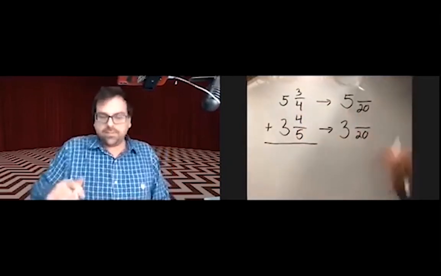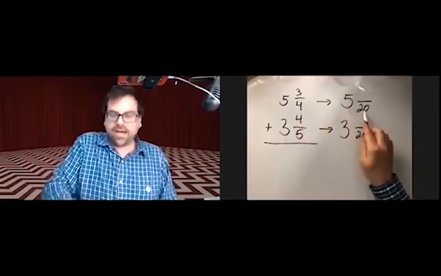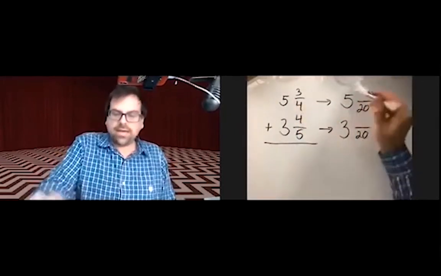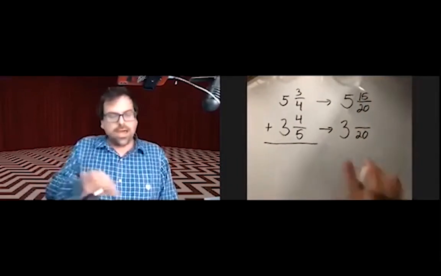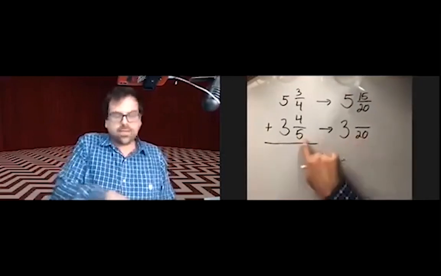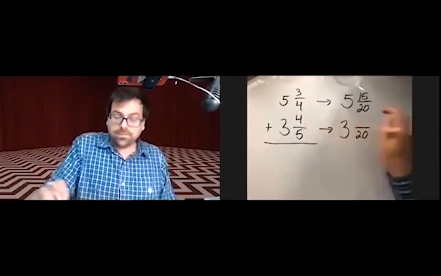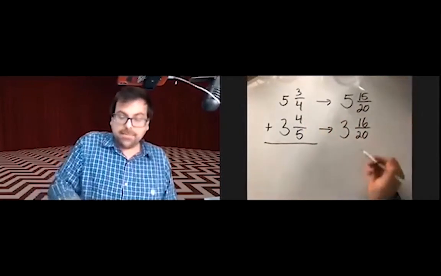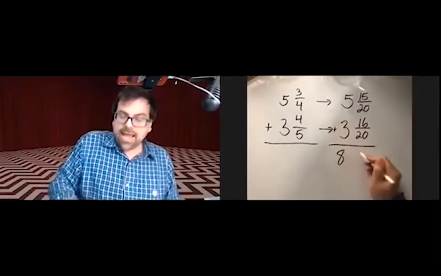So 5 and some number of 20ths. How did we go from 4 to 20? That's times 5. 3 times 5 would be 15. How do we go from 5 to 20? That's times 4. So 4 times 4 would be 16.